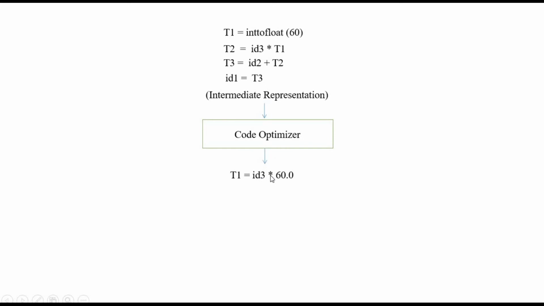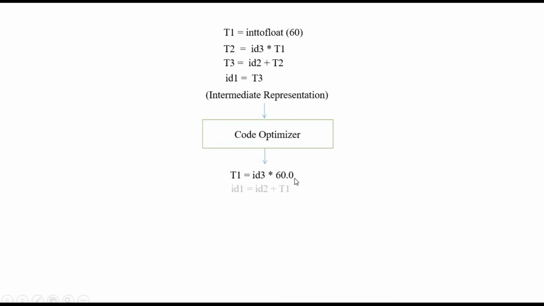So id3 into 60.0, the result of this is stored in a temporary variable which is t1. So t1 equal to id3 into 60.0. Then t1 is added with id2. So the final result is stored in id1.